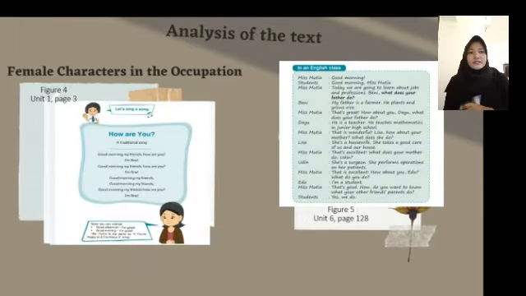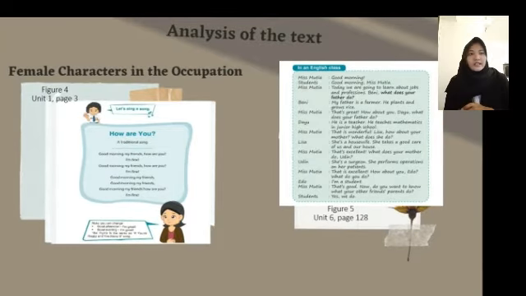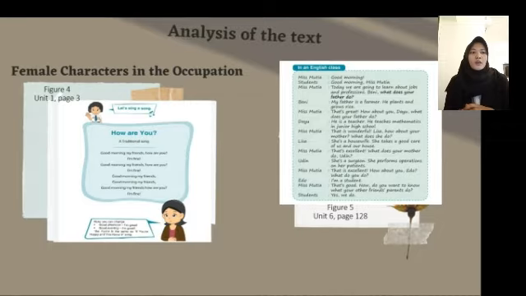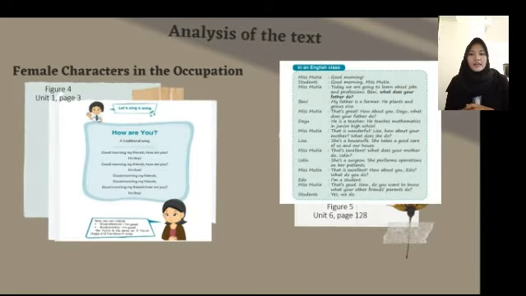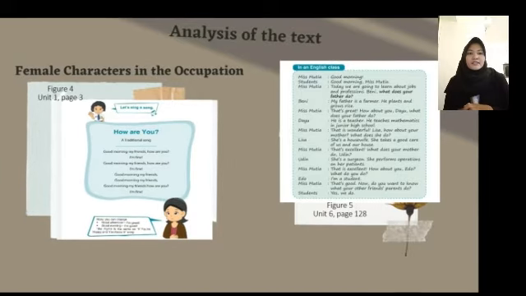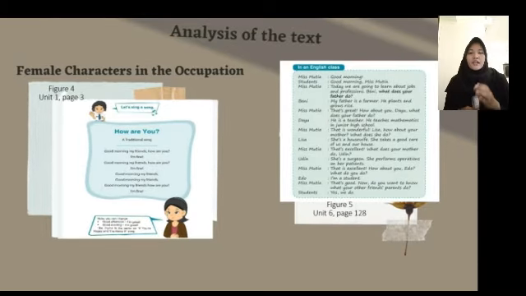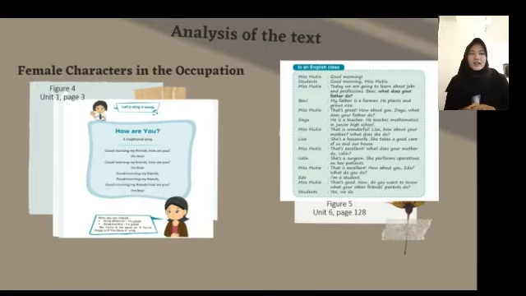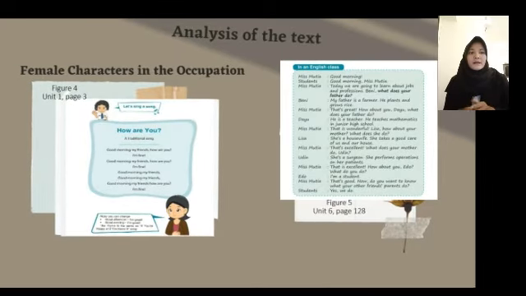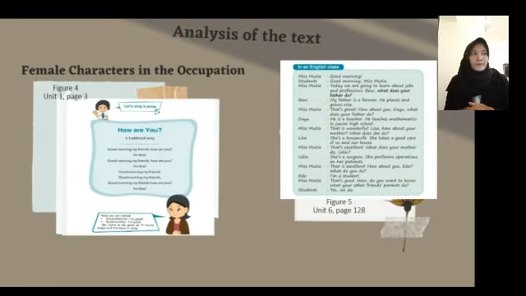The second context is female characters in occupation. In Figure 4, Unit 1, page 3, there is a song lyric with a female pictorial, a female as a teacher, and the occupation of the female in this picture is a teacher.